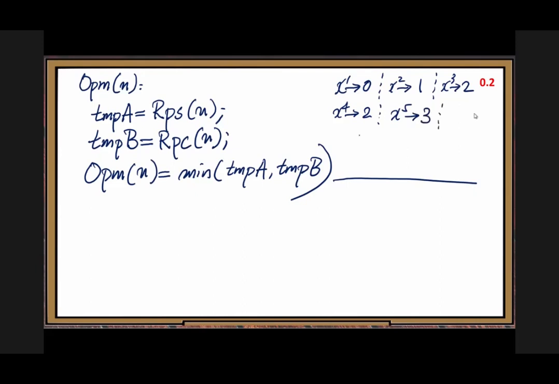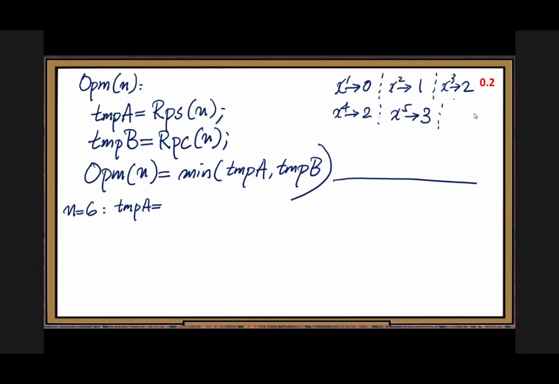Now, let's do n equals 6. So temp A, what's temp A? Because 6 mod 2, remainder 0, so it should be half, right?